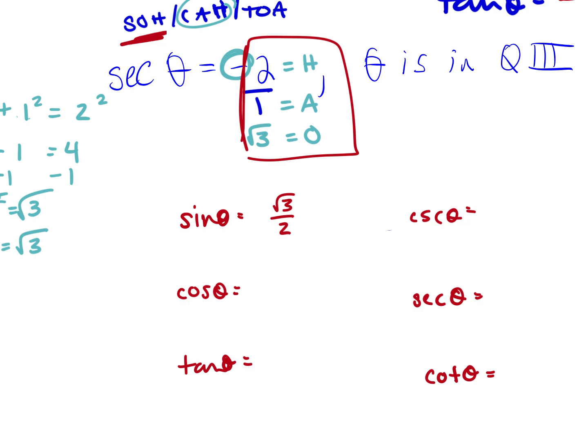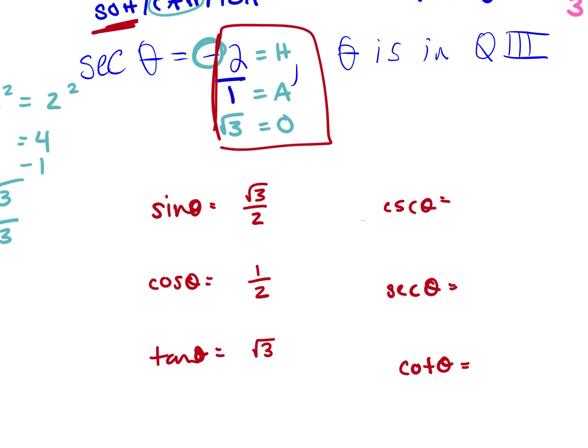Cosine is what over what? Adjacent over hypotenuse, so that would be 1 over 2. And tangent would be opposite over adjacent. So what's our opposite over adjacent? Square root 3 over 1. How could we write that better? Just square root 3. We don't need the 1 when it's in the denominator.